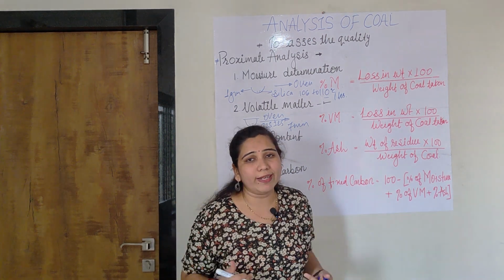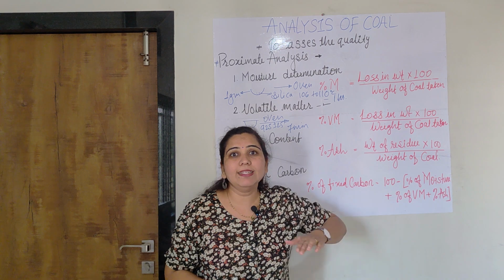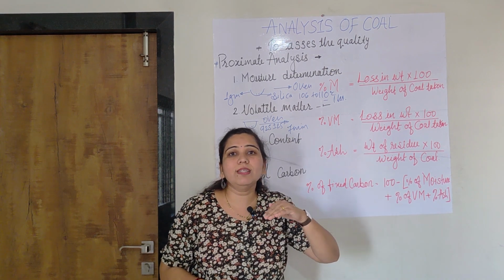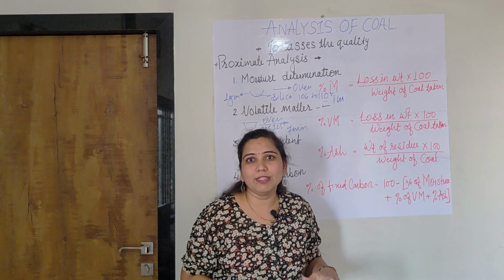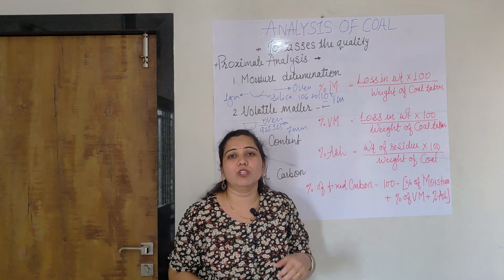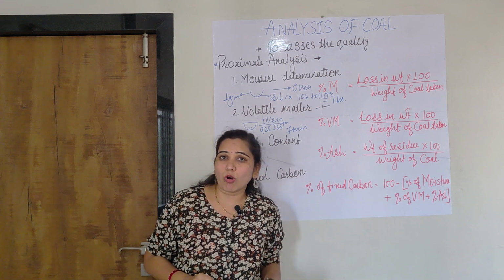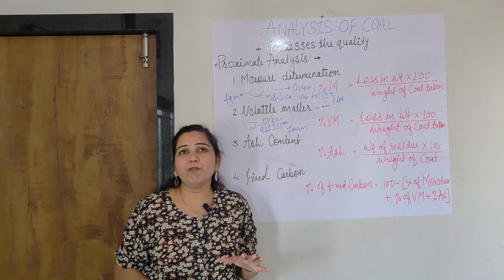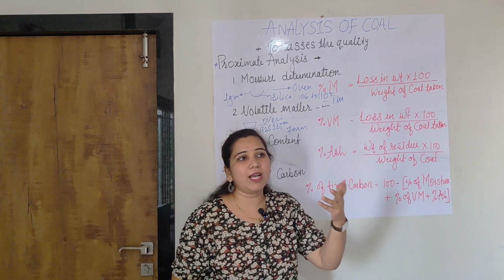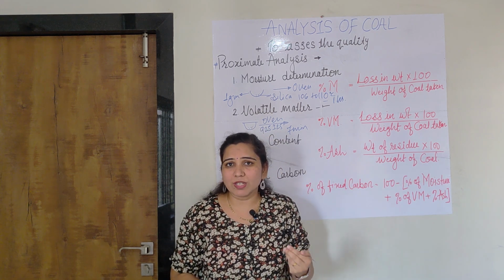Now what is this volatile matter? The word itself indicates that these are all the gases present in the coal sample, which are not required for good quality coal or for getting a good calorific value. That is called volatile matter. All types of gases are included: carbon dioxide, carbon monoxide, hydrogen, nitrogen, sulfur, oxides of nitrogen, and oxides of sulfur.